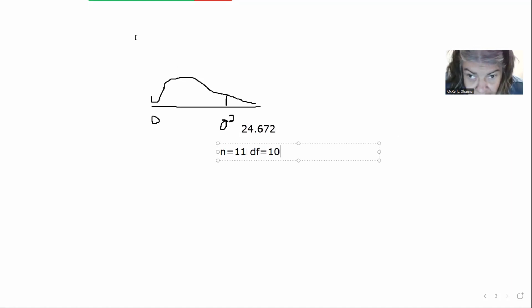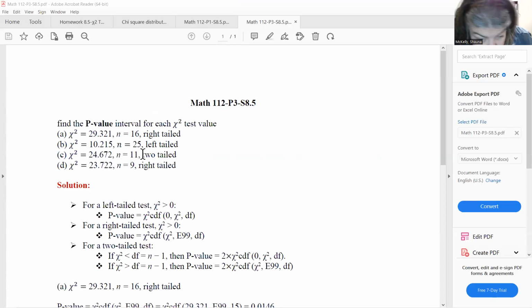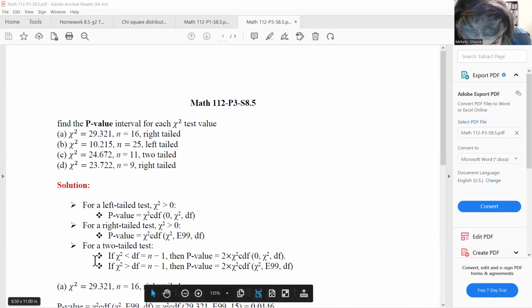Now, here's where the nuance comes. Here is what this looks like. For the p-values, we're doing letter C right now, doing the two-tail, because that's the one that I think will give you trouble, okay? The two-tail test, you double the area that you get, but it depends on what chi-squared is.